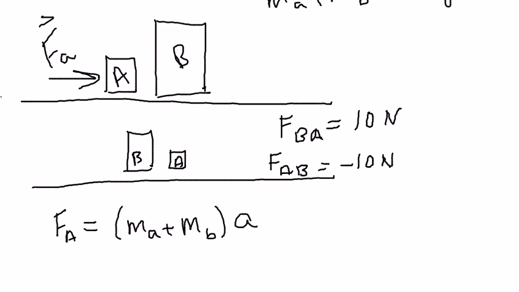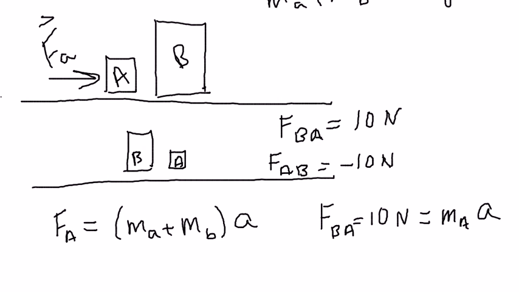Let's look at the lower one. We can say that the force of B on A is 10 newtons, and that's going to produce an acceleration on mass A that we can figure out in a second. And then looking at the top, the idea here being that 10 newtons is going to accelerate whatever mass A is with some acceleration.